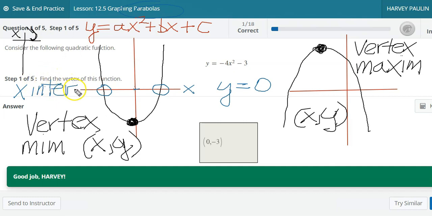Can't make a dot with the pen here. Intercepts. And I'm having trouble with the e's too. So these are the x-intercepts when y is 0. This is also described as find the zeros.